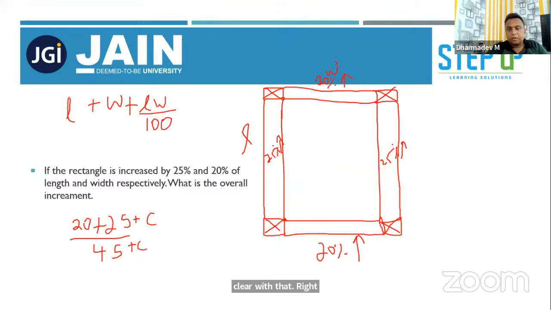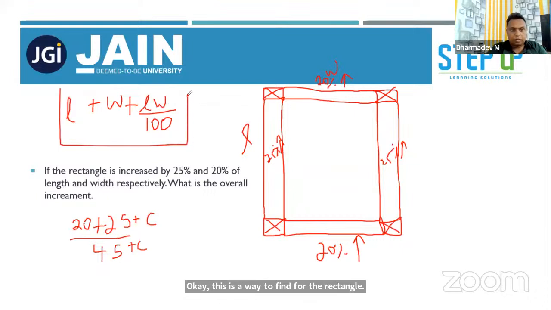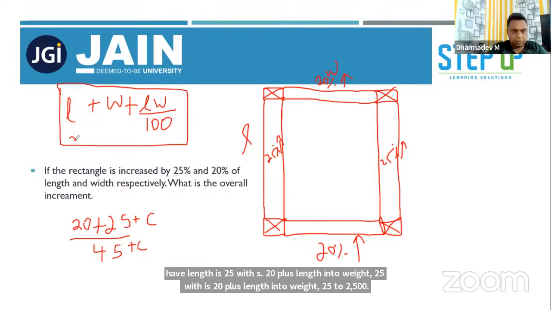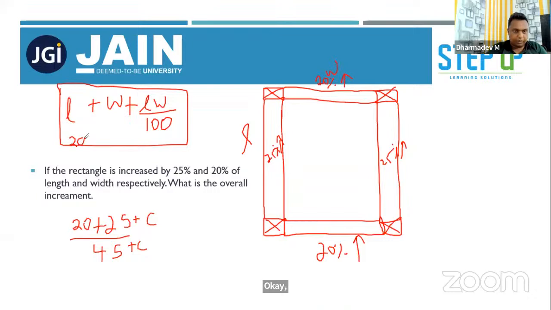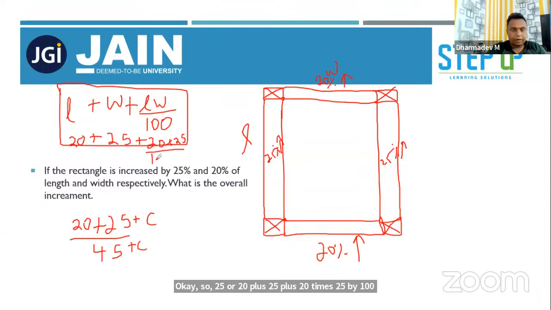This is a way to find it for the rectangle. I have length 25, width 20, plus length into width, 25 into 20 by 100. So 25 plus 20 plus 20 times 25 by 100. This is the way to find the answer.